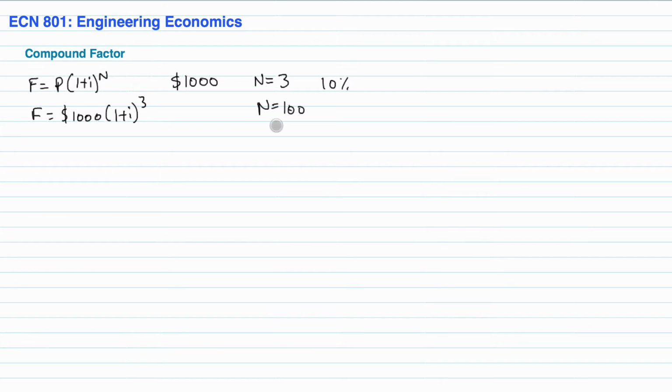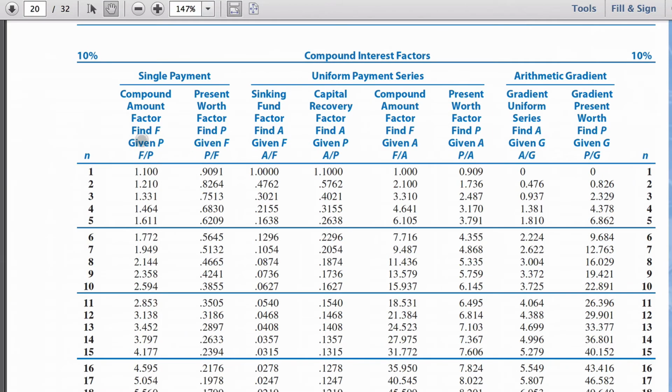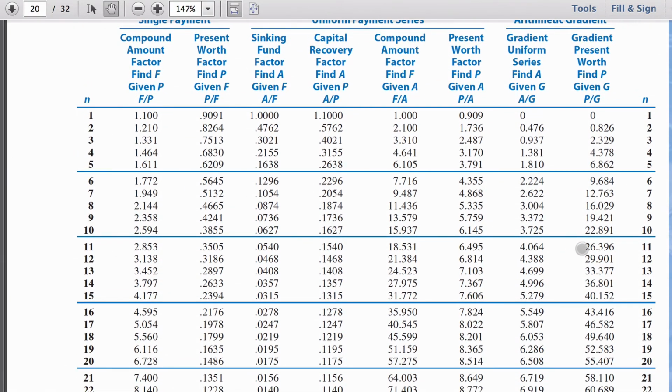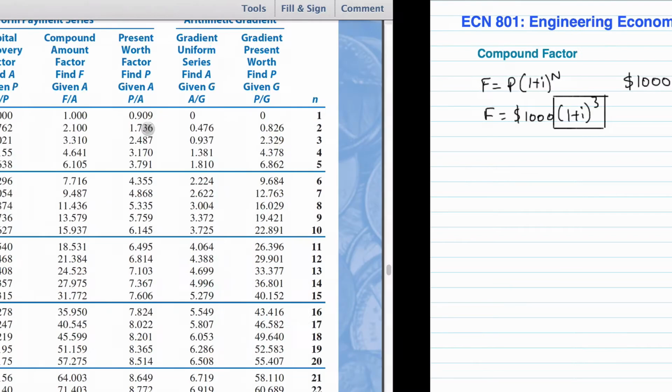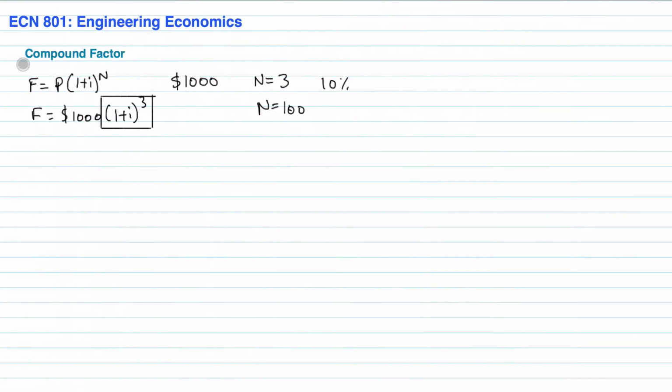So before even calculators were made, they created this table. These tables take this factor over here and convert it into decimal places, into a compound factor.